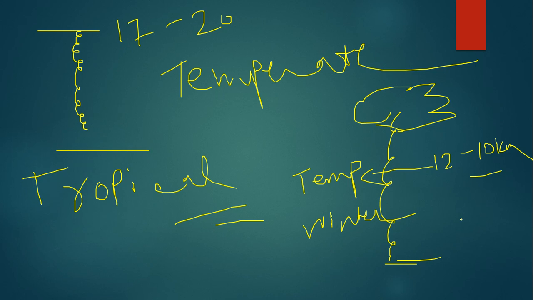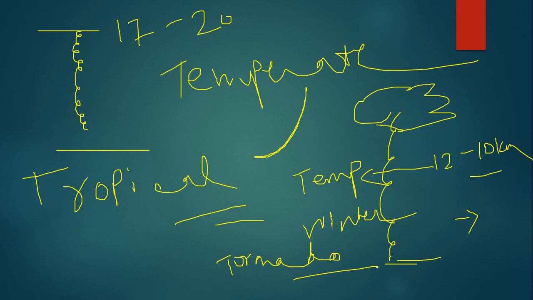But here the height difference is less. So the cloud, by making a hook, may automatically touch the ground surface and it can ultimately culminate into the tornado. So the tornado is a regular phenomenon in the case of the temperate belt.